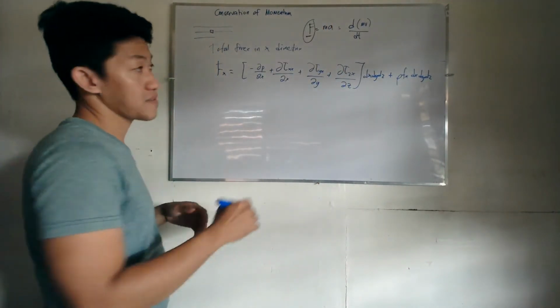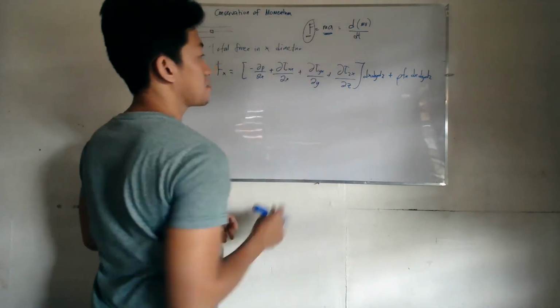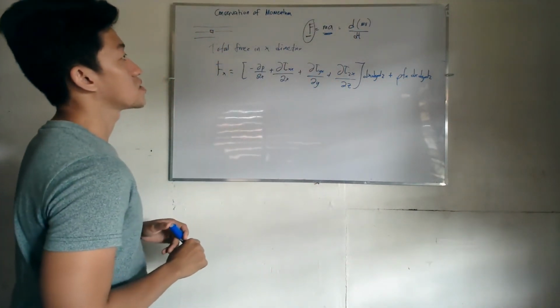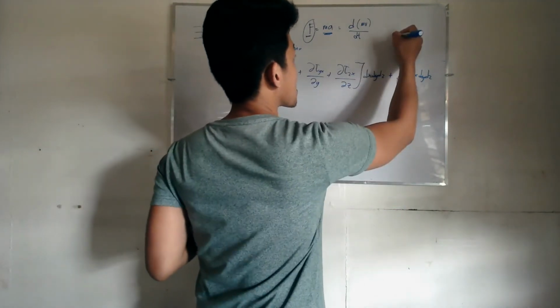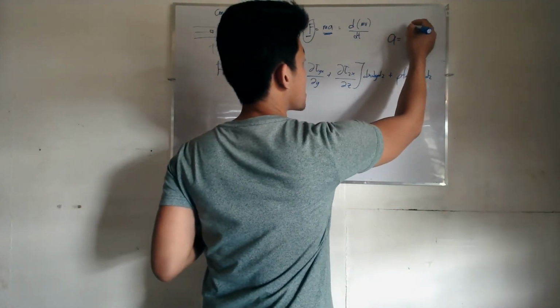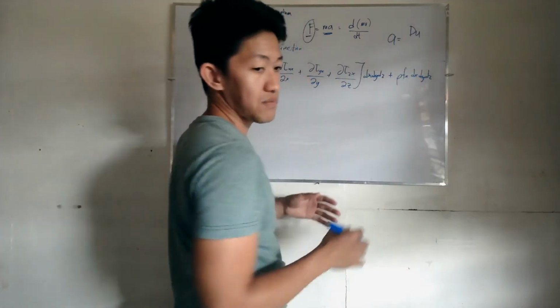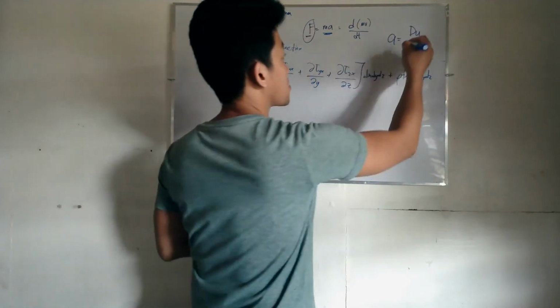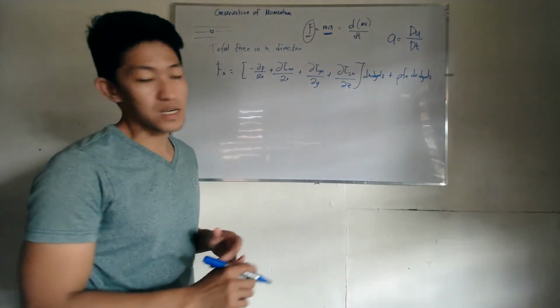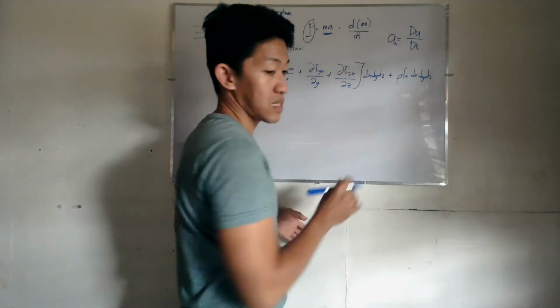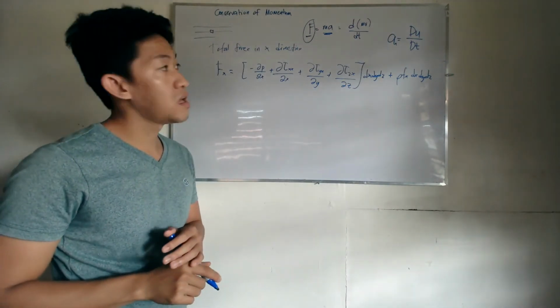So next to define is mass and acceleration. Okay, so your acceleration is just the change in velocity. The velocity along x is u. So the acceleration in the x direction.